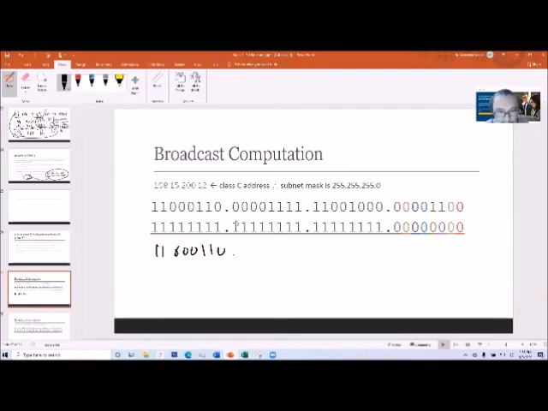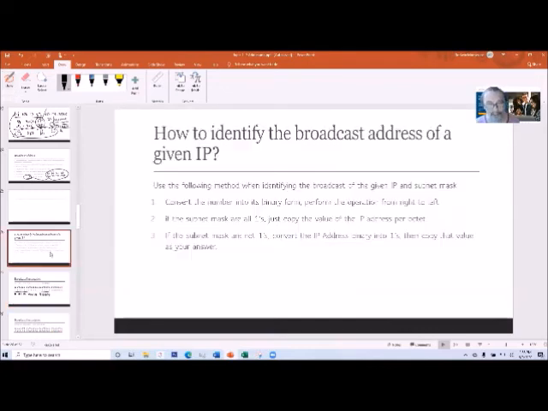Example: if all the subnet mask bits are ones, you are going to copy the result: 11000110 dot 00001111 dot 11001000. We just copied because all of the subnet mask bits are ones. But as it said, if the subnet mask bits are not ones, convert the IP address binary bits into ones, then copy the value as your answer.